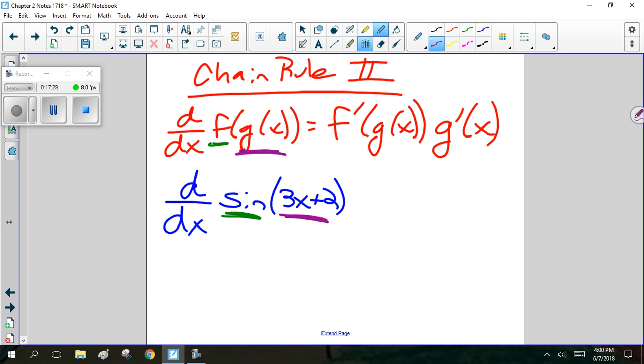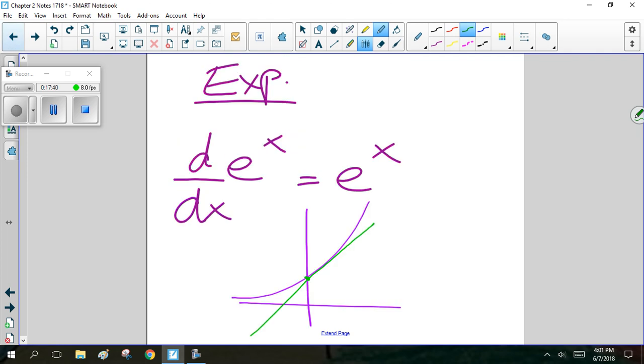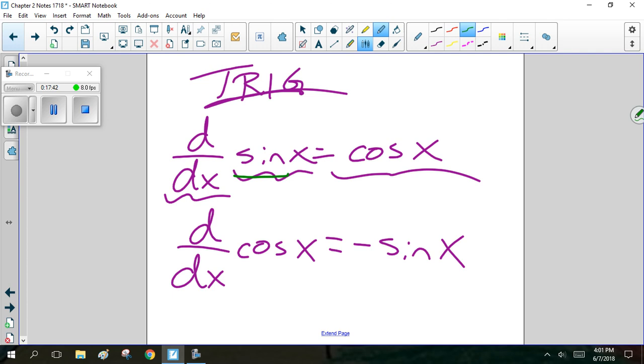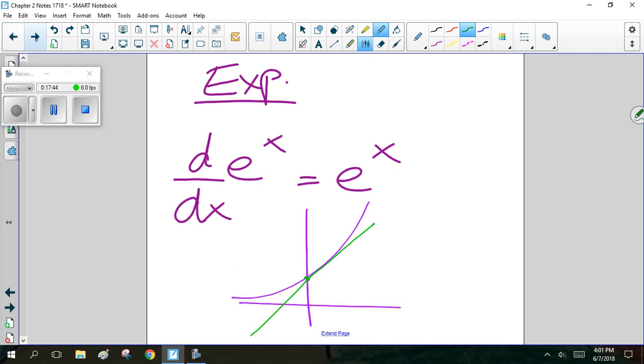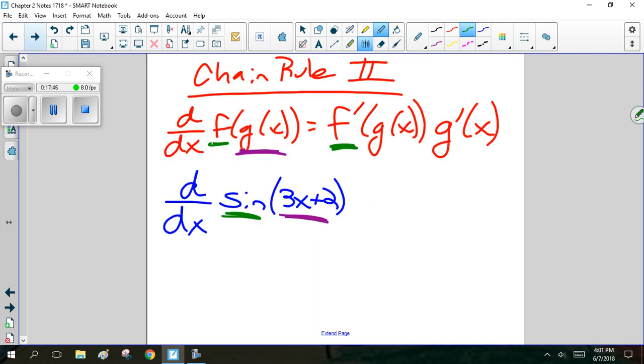So what I want to do is I want to take f prime. So if f is sine, then the derivative of sine is, what did we say? The derivative of sine is cosine, right? So the derivative of sine gives us cosine.